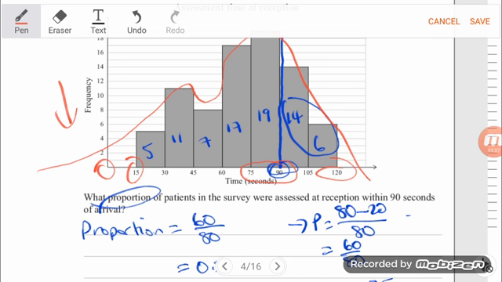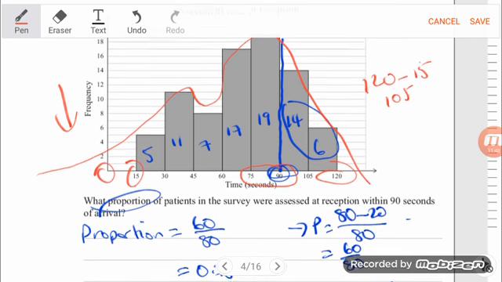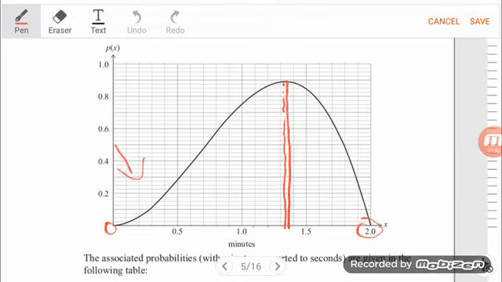Okay, so the spread, let's see, what's 120 minus 15? Gives us about 105. So the spread is quite far in that.